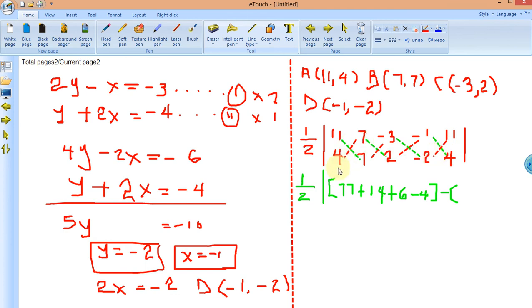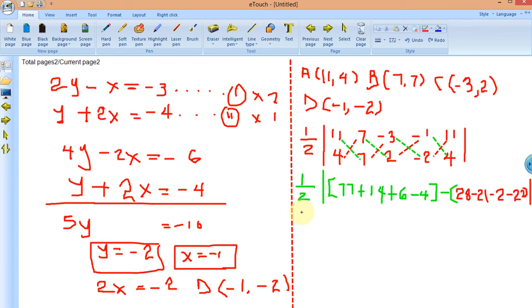So 7 times 4, that is 28. I'm working with the red now. Then plus -21. Then plus -2. Then plus -22. So I can close it now. Then end with this now.